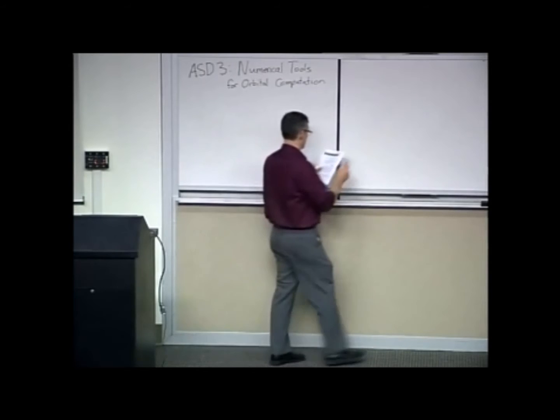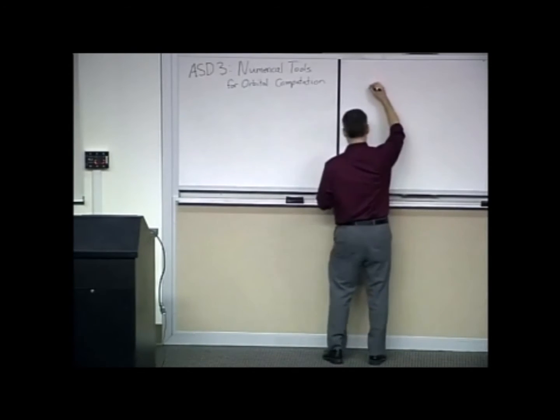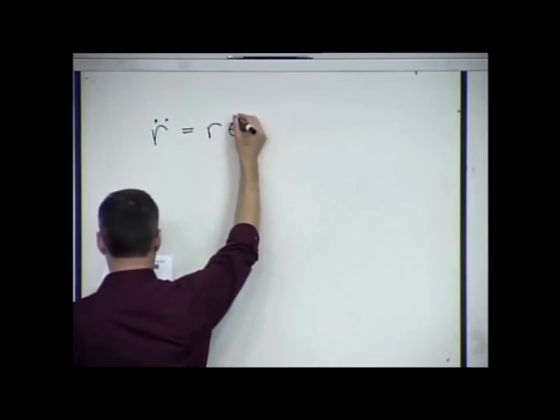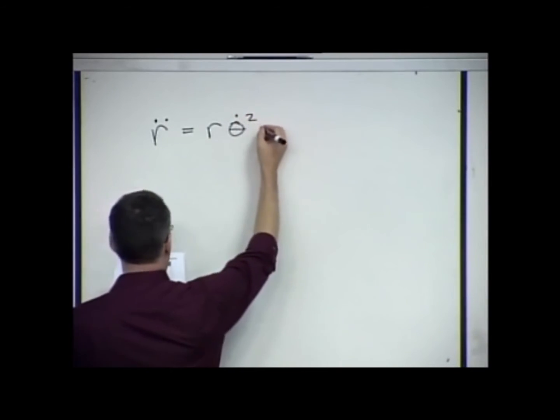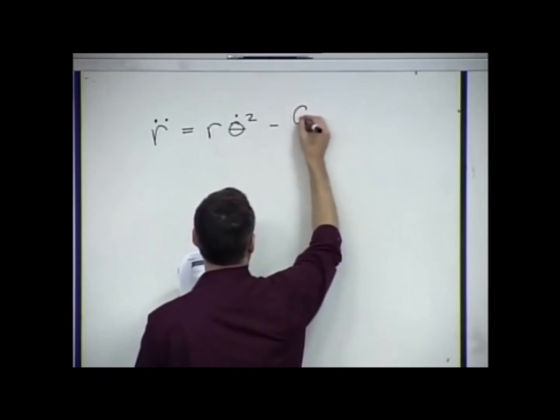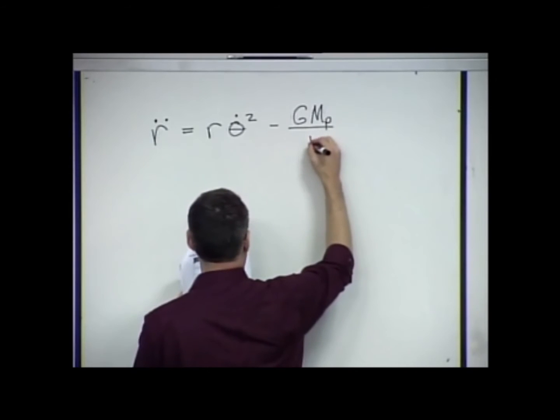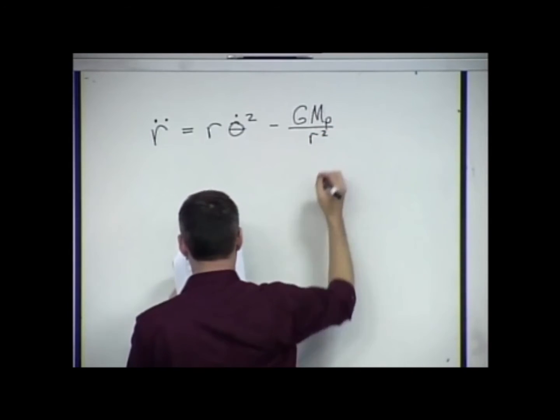and put down our original system of equations. R double dot is equal to R theta dot squared minus Kepler's constant, G M_P, whatever the mass of the planet, the body that you're orbiting around, divided by R squared.